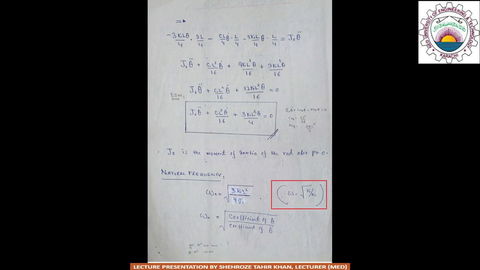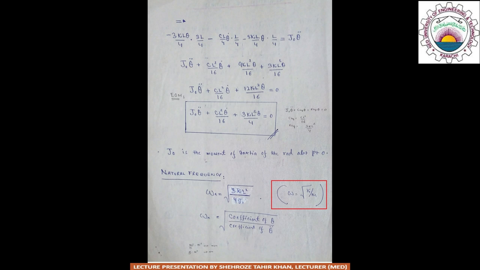As we studied at the start of this chapter, the frequency of a single degree of freedom system having damped or undamped oscillation is given by under root k upon m. That means the frequency of a single degree of freedom system entirely depends upon the stiffness and inertial elements.